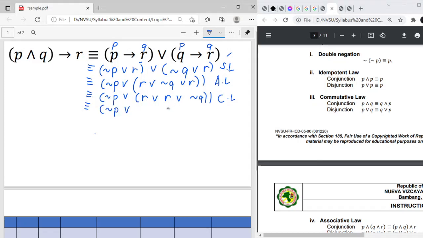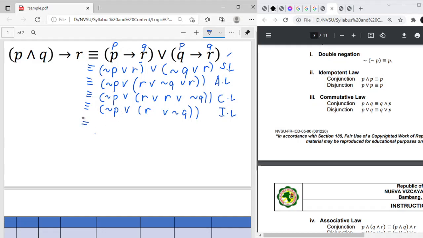The R or R is also equivalent to R. Ayan. R or not Q. Sorry, namali ako ng pinaglagyan ng parenthesis. R or not Q. Ayan. That is by idempotent law. Again, yung R or R is also equivalent to R.